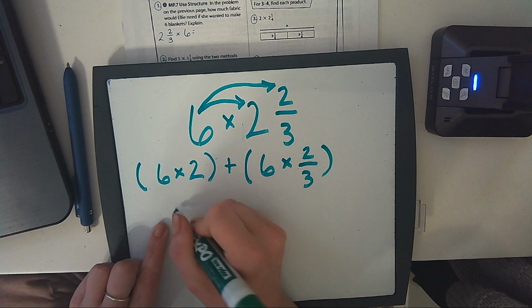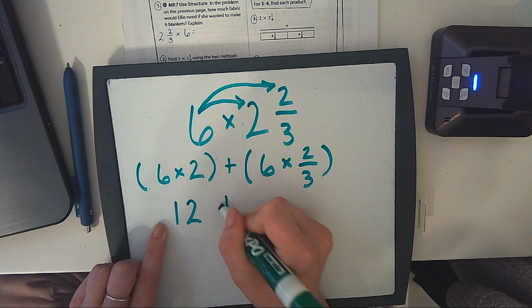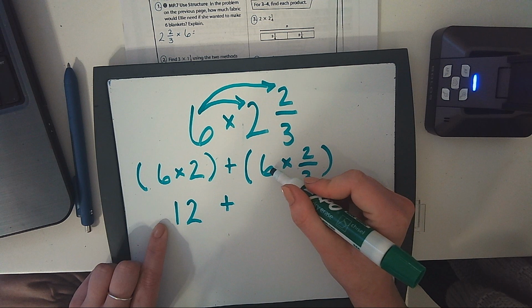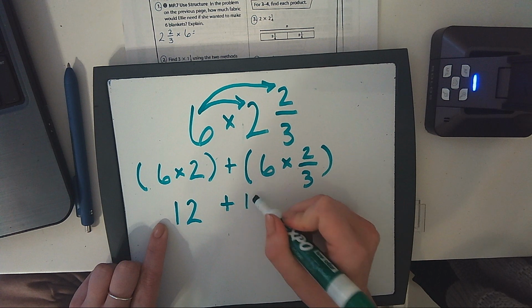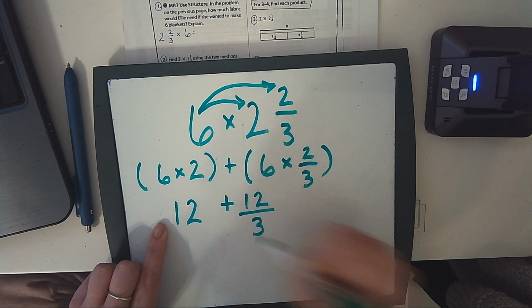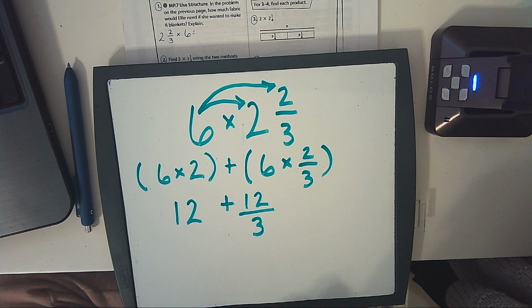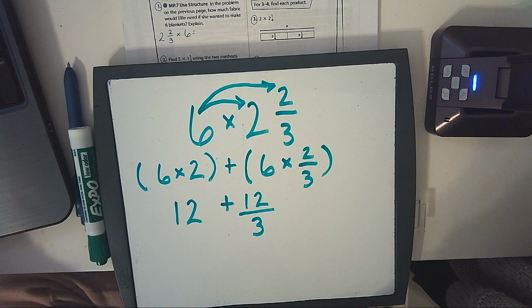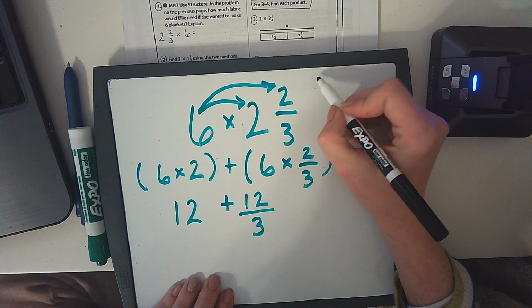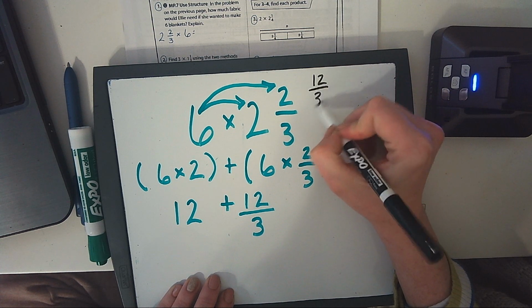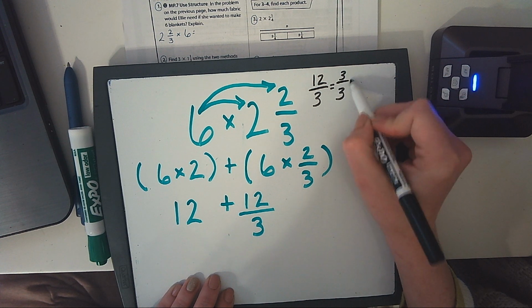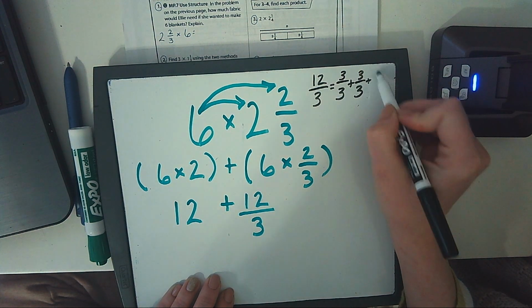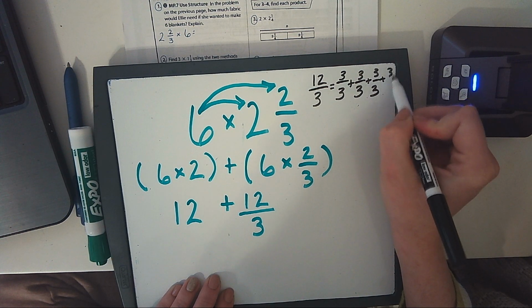So 6 times 2 is 12, plus whole number times the numerator: 6 times 2 is 12 over our denominator of 3. And we have to turn that into a mixed number. So off to the side, I can do that work separately. 12/3 equals how many 3/3 can I make until my numerators add up to 12, or as close as I can get to 12 without going over?